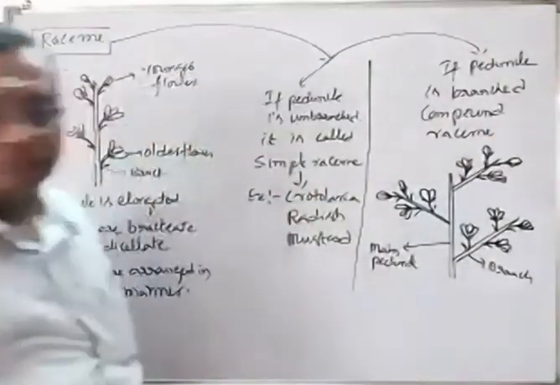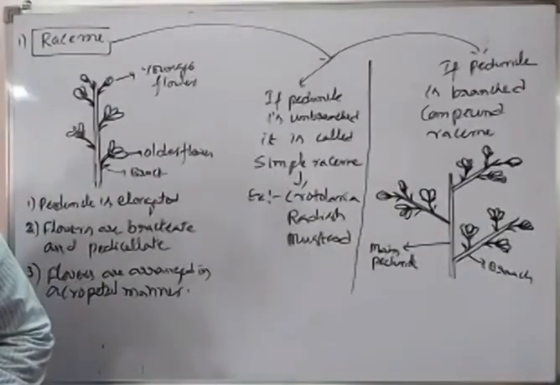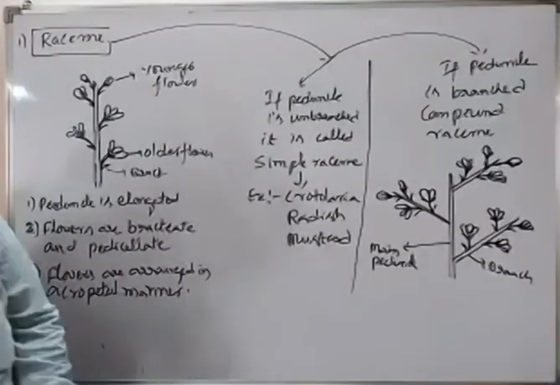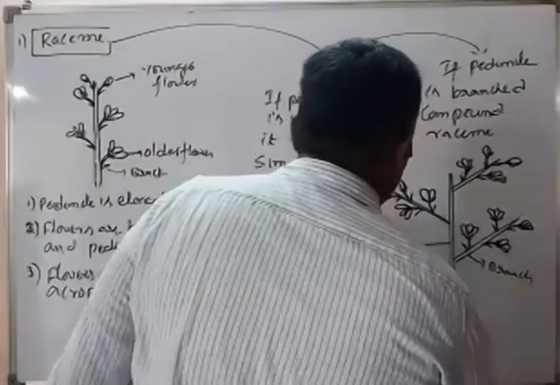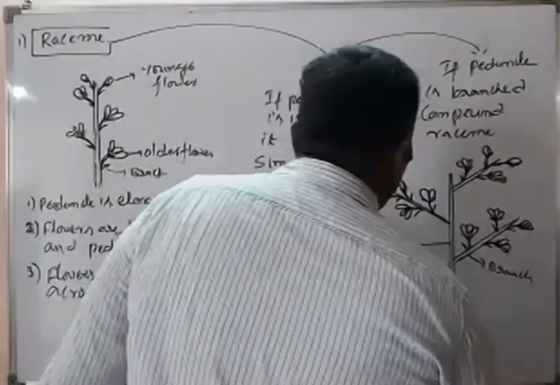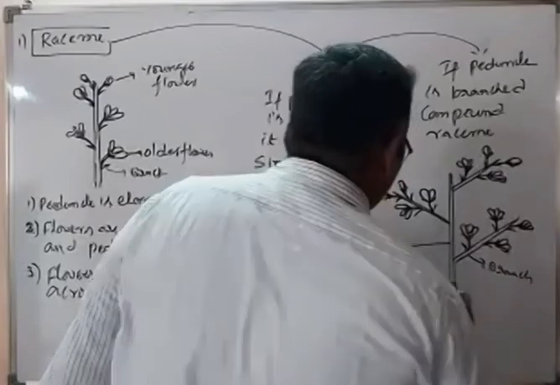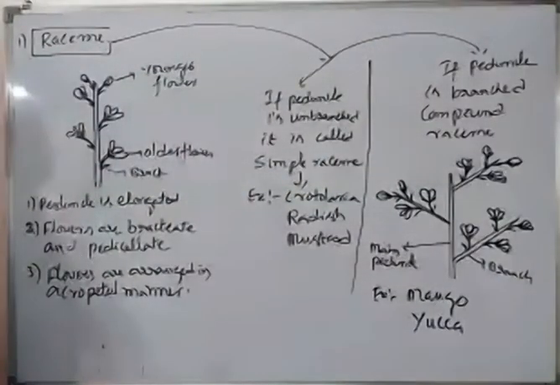Examples: mango, yucca, Y-U-C-C-A. These are all the examples for compound raceme.